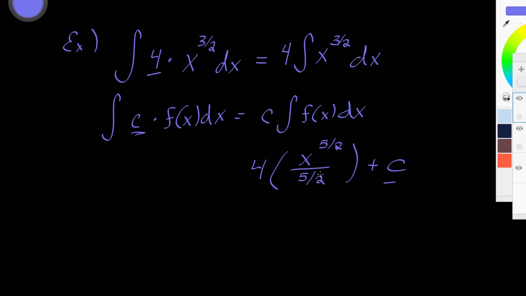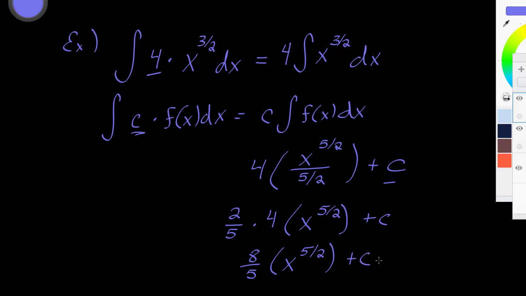So I can simplify this a little bit: if you're dividing by 5 halves, that's the same as multiplying by 2/5 times 4 x to the 5 halves plus c, which is going to give us 8/5 times x to the 5 halves plus c.